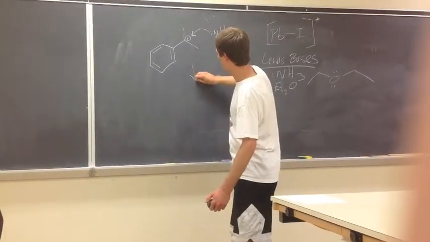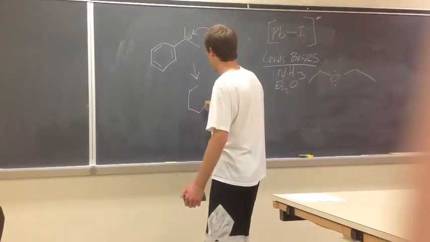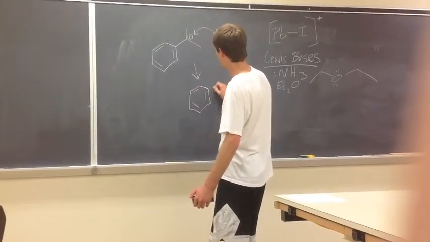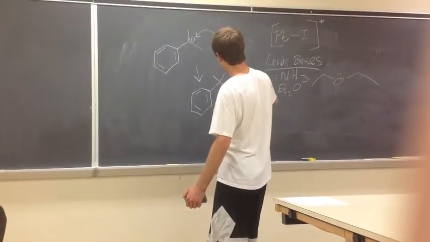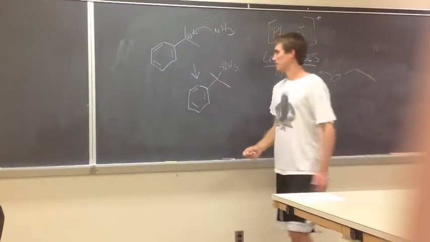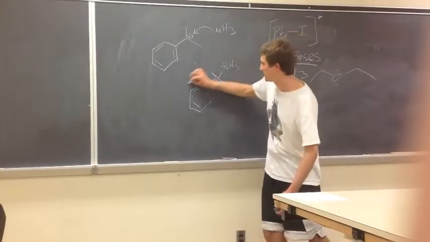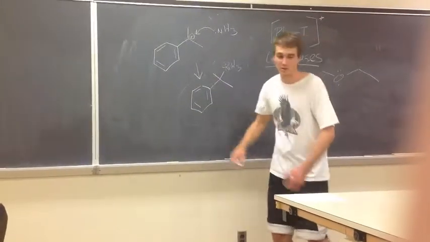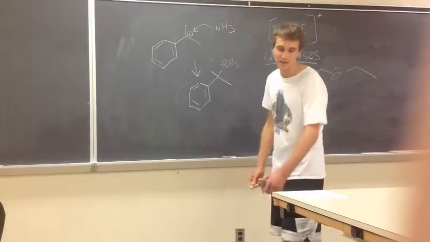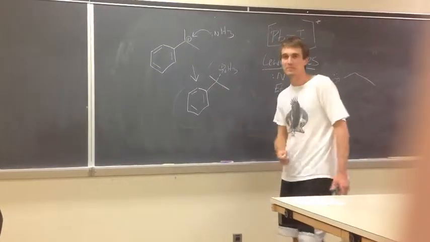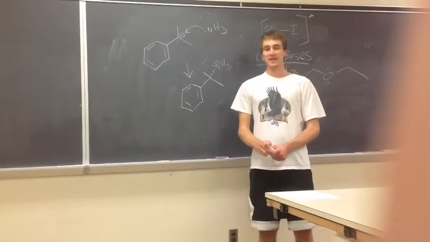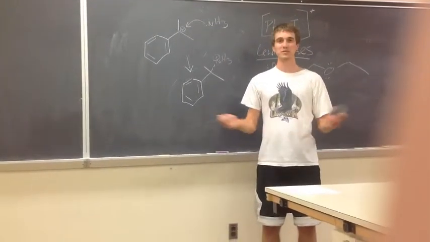What you're going to have here is this molecule formed. And that would be this product here. As I said earlier, the product of a Lewis acid Lewis base would be an adduct. And this would be a coordinate covalent bond formed here. And that is Lewis acid Lewis bases.